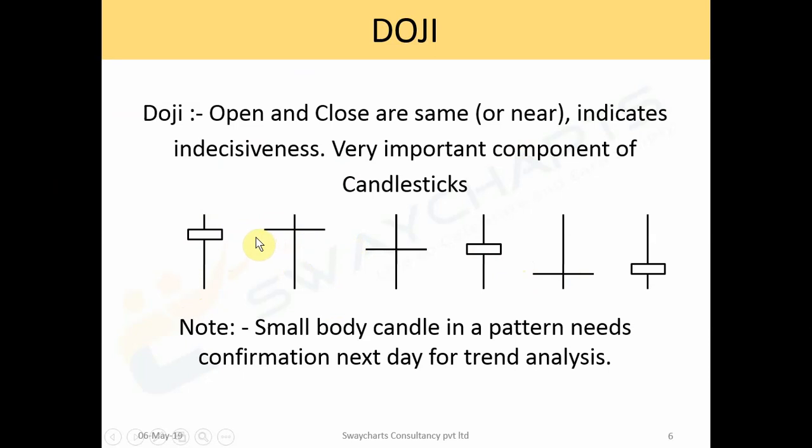Again, if you see the note below, which says very clearly small body candle in a pattern needs confirmation next day for trend analysis, which is also the thing that we saw as the thumb rule for candlesticks, right?